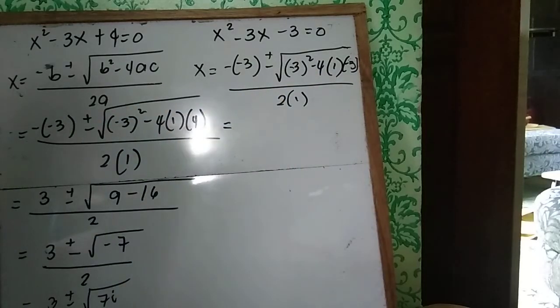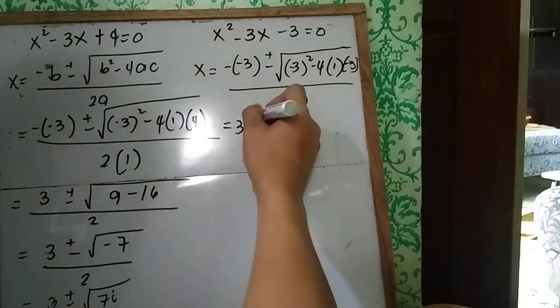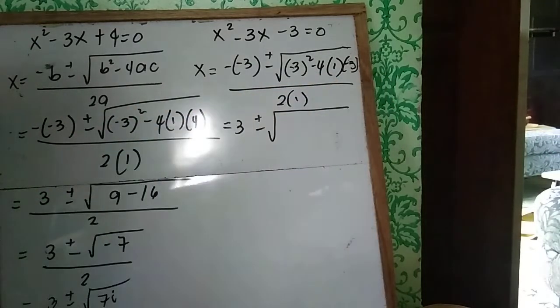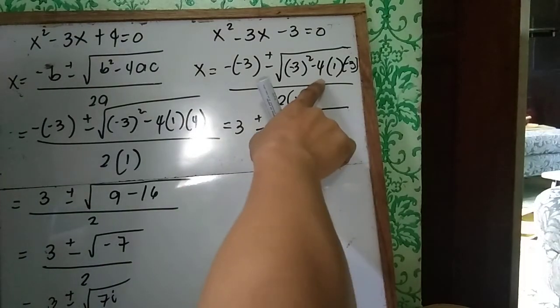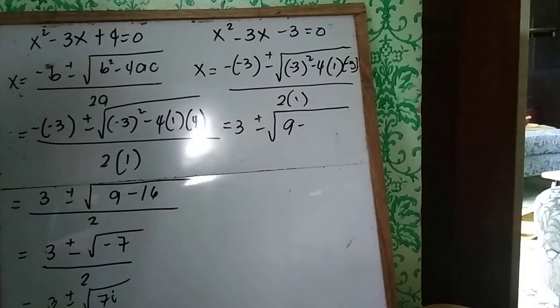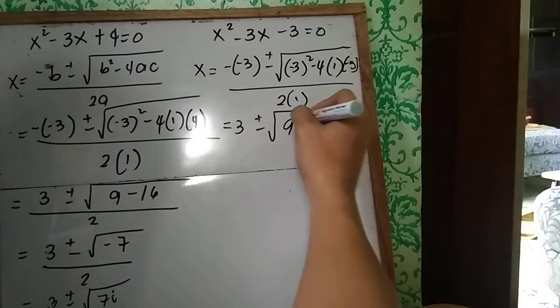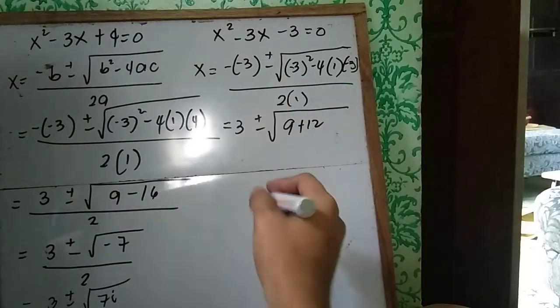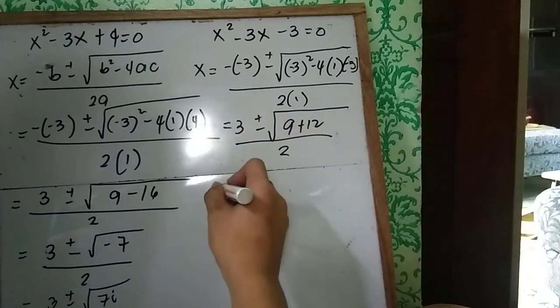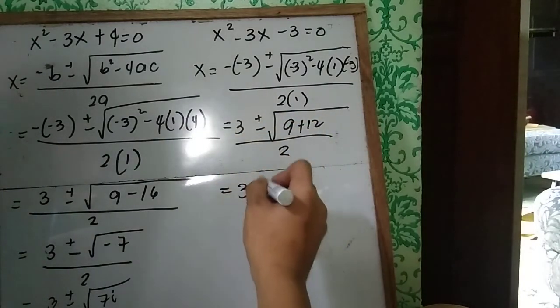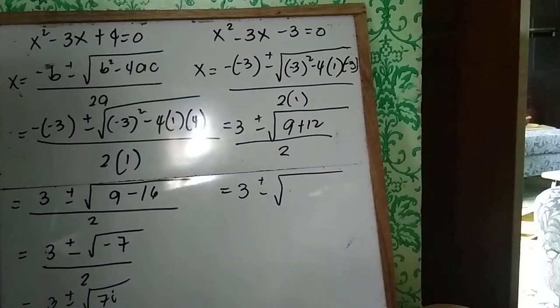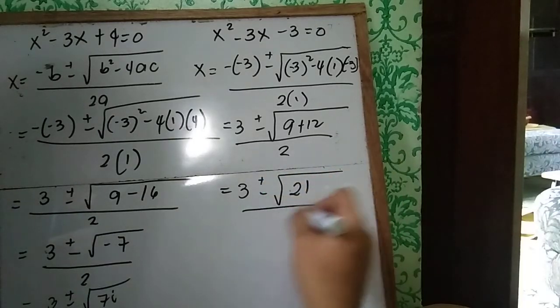Equals negative times negative 3 is positive 3, plus or minus the square root of negative 3 squared is 9 minus, okay, negative 4 times 1 is negative 4, negative 4 times negative 3 is positive 12, over 2. So the result will be 3 plus or minus the square root of 9 plus 12, which is 21, over 2.